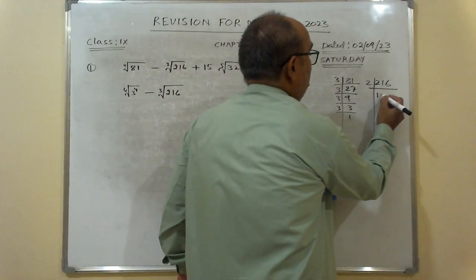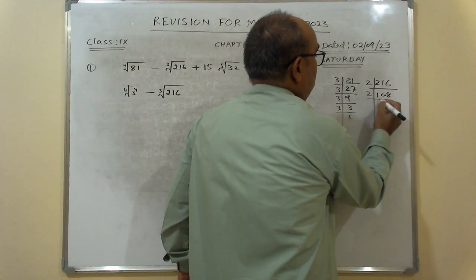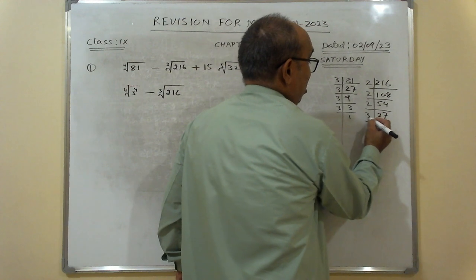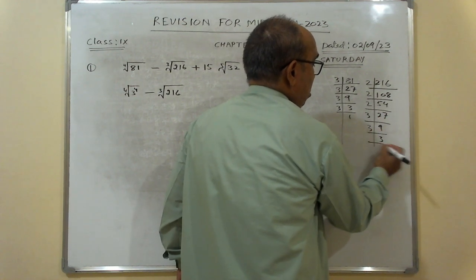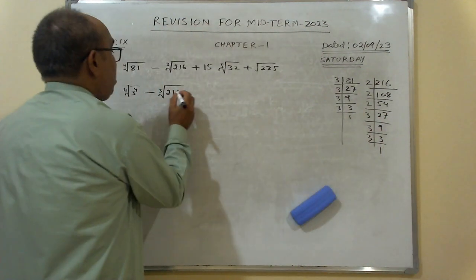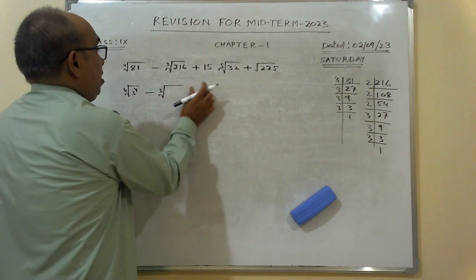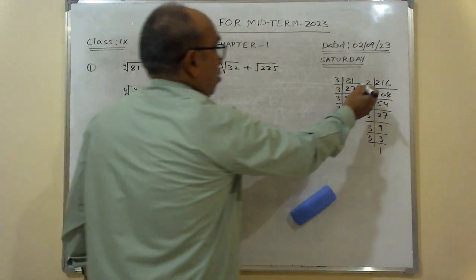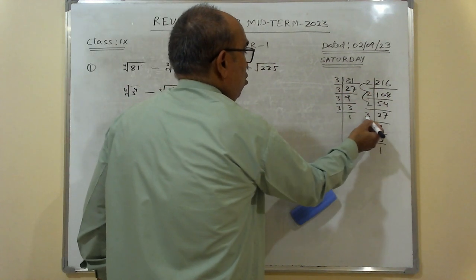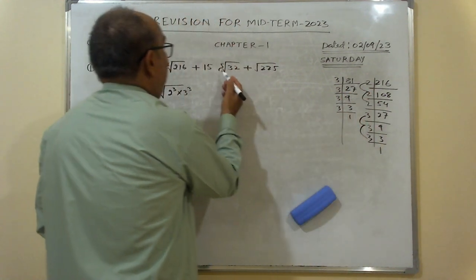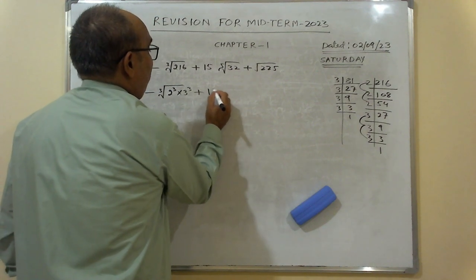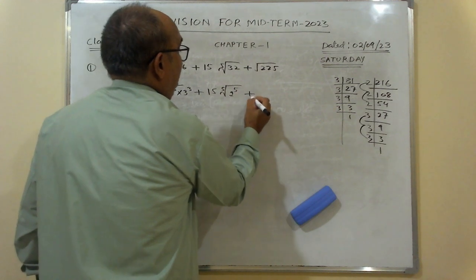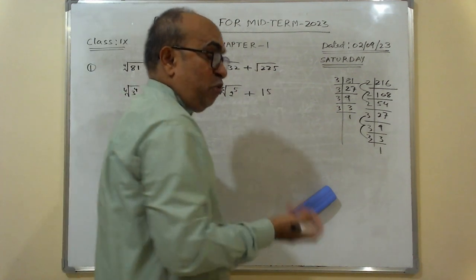So divide by 2: 2 ones are 2, 2 fours are 8, 2 fifths... 54, 27. Now divisible by 3: 9, 3 threes, and 3 ones. So it is 2 cube into 3 cube. See, 2 cube, 3 cube. And if you factorize 32, you will get 2 power 5.